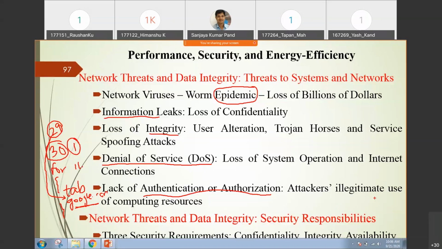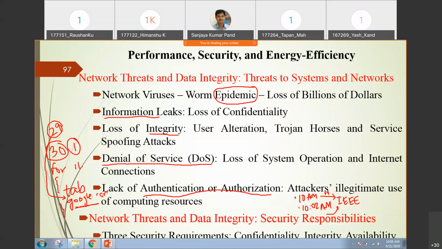Similarly, if you have your IEEE account, you know IEEE is a very reputed society. If you log into a particular system, let's say in Hyderabad at 10 a.m., and then at 10:02 you have shared your password with your friend who is in New Delhi, and he is going to access your IEEE account, then what will happen?